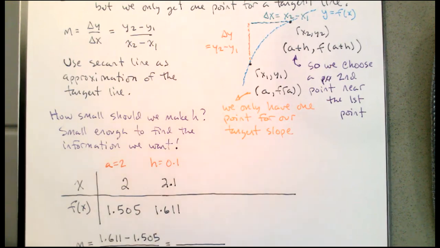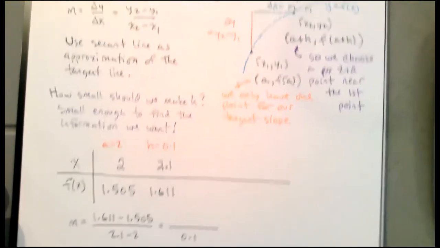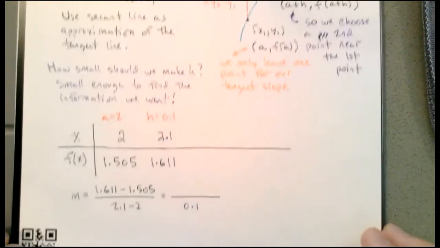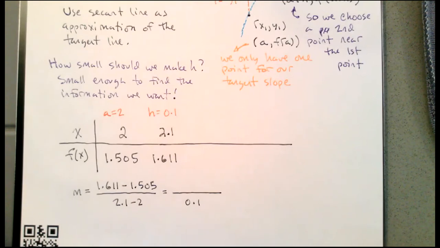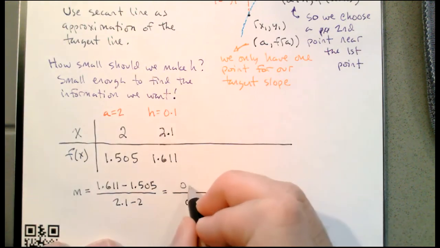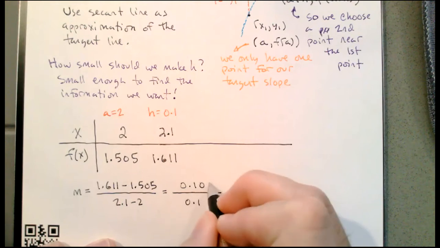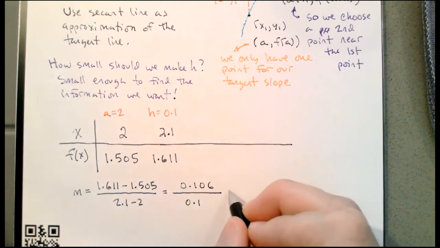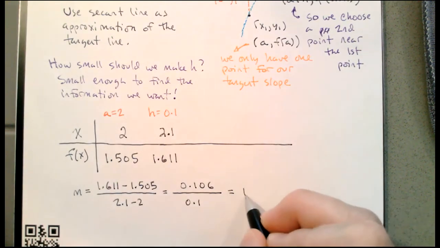So 1.611 minus 1.505 looks like it's going to be 0.106, divided by the 0.1. So 1.06.